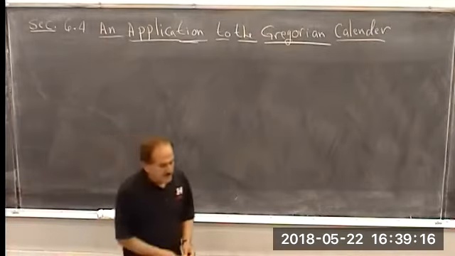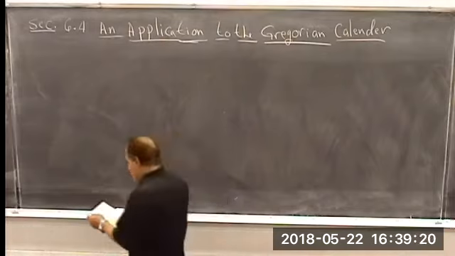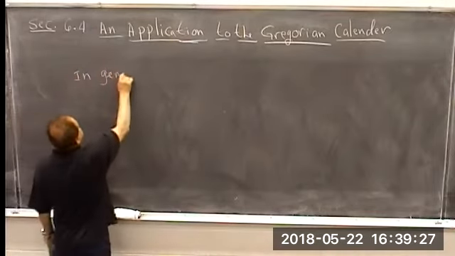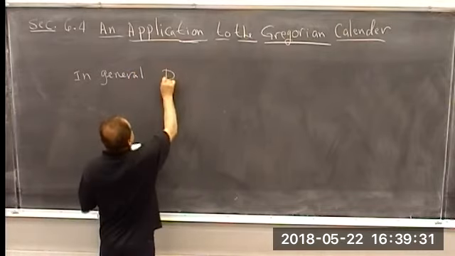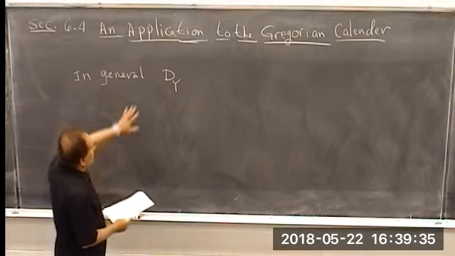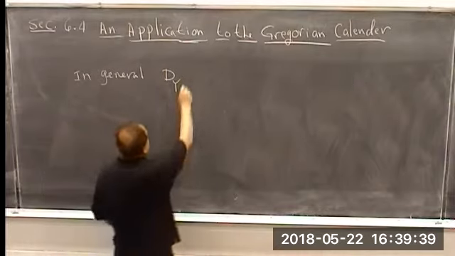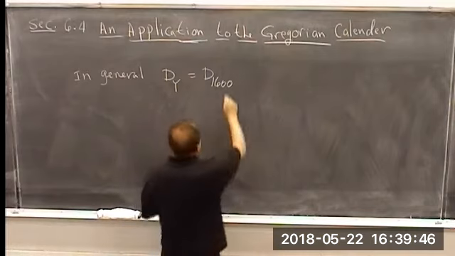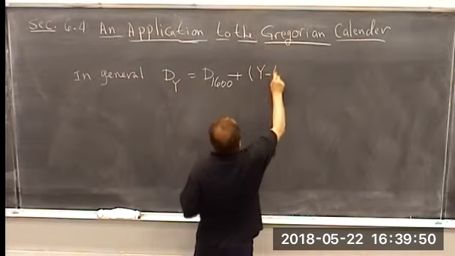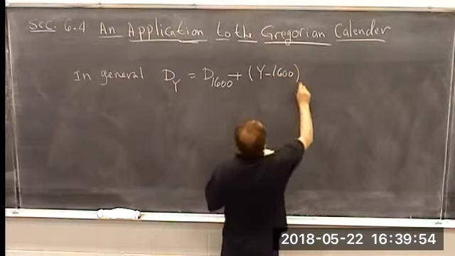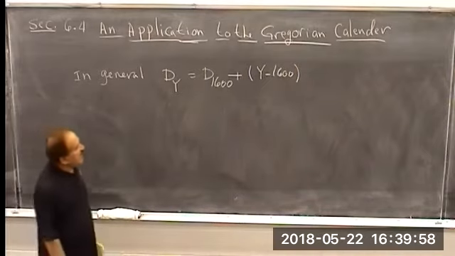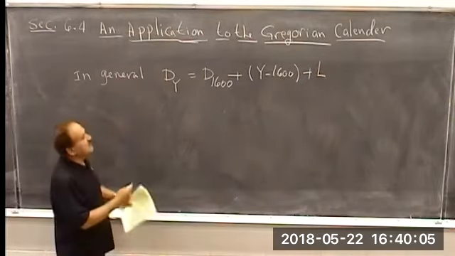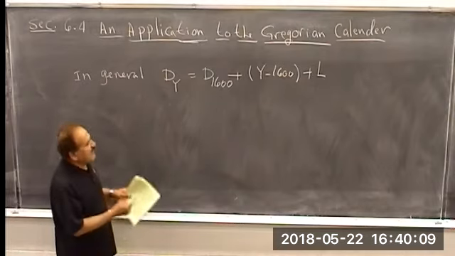So this is our next step. In general, if I want D y, remember this is for March 1st, it's going to be whatever March 1st was in 1600, plus the number of common years, and we may need to add also L, which is the number of leap years, because it depends on what day and in what year.